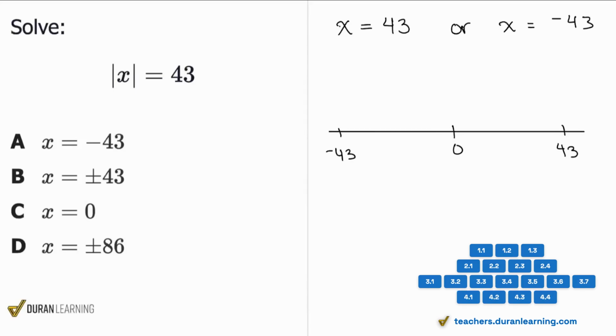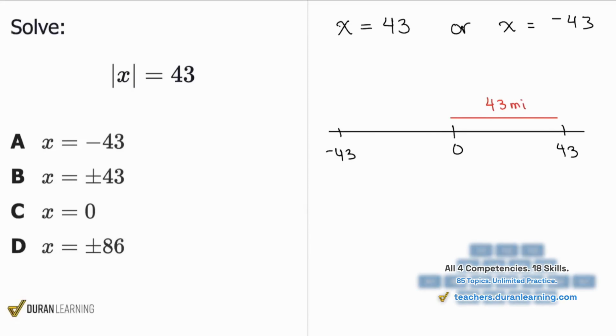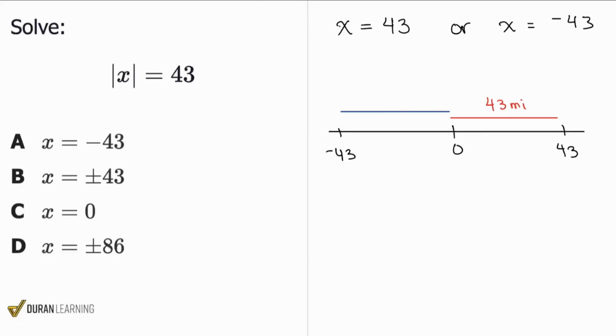What is happening here, everybody, is if we measure the distance from 0 to 43, hey, that's 43, we can just say miles. If we go the other way, going from 0 to negative 43, guess what? The distance is still 43 miles. Think about it like using a map.